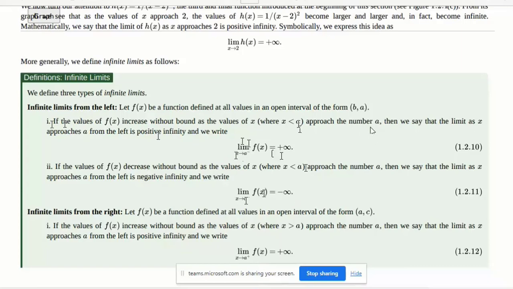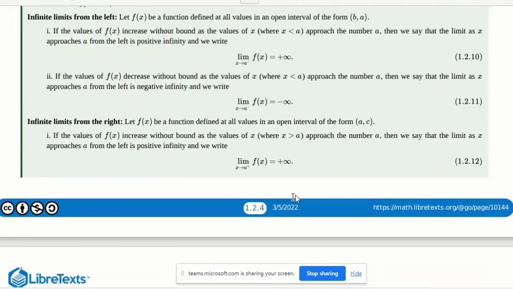In number 1, f of x increases without a bound. But in number 2, f of x decreases without a bound. That is the difference. It is decreasing, it is increasing. That's why we are having positive infinity, a decrease, negative infinity.